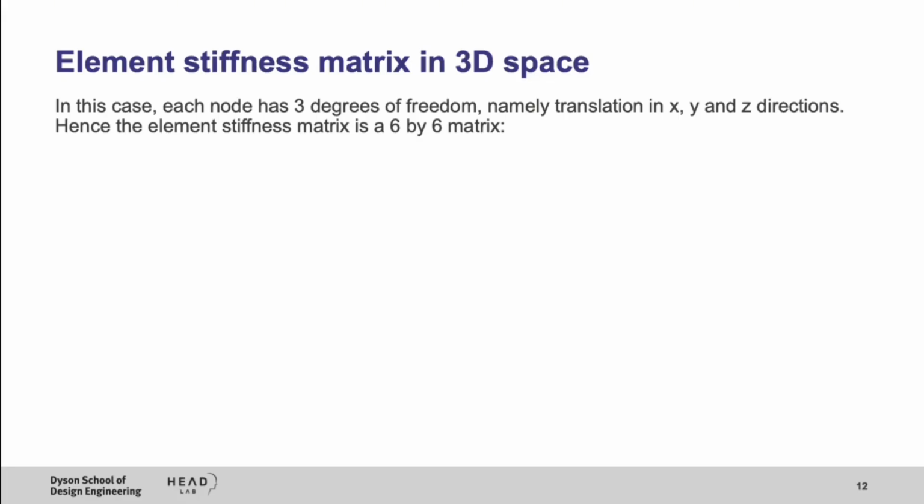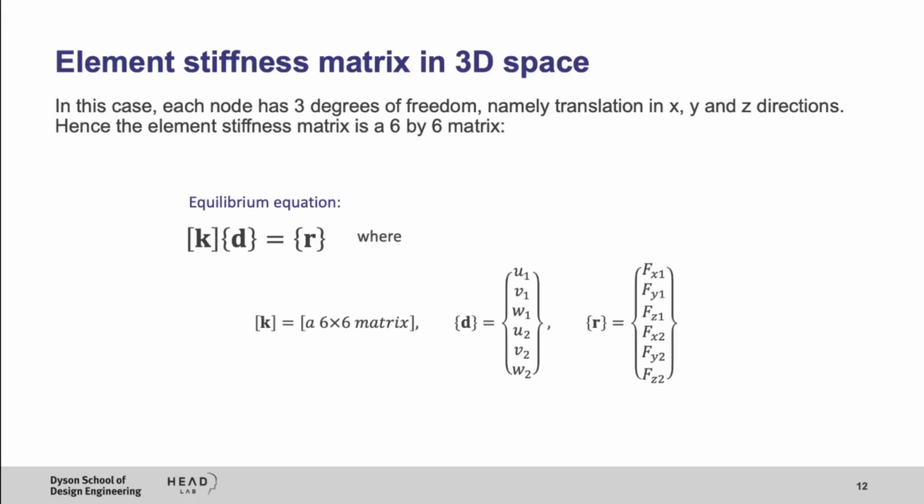If I want to write it mathematically, here we go. This is the equilibrium equation, exactly the same as what we've seen in 1D, 2D, and now in 3D. But these matrices now have a different number of elements. So this one is 6 by 6. This is the vector of nodal displacements. This is the vector of nodal forces.